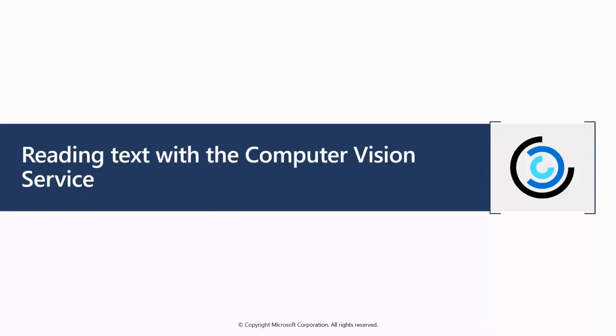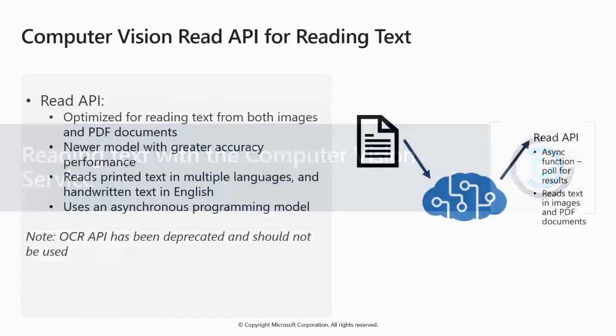This API uses a more recent model than the OCR API, so it works better. It can read both printed and handwritten text in English. It can read printed text in many different languages, but it can only read handwritten text in English.